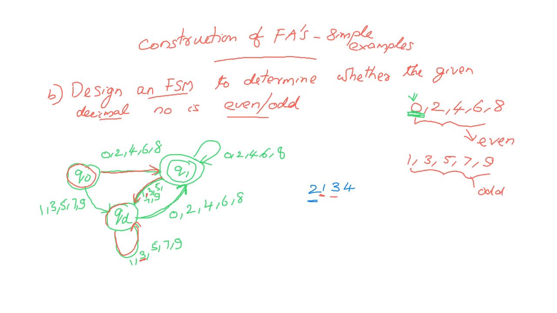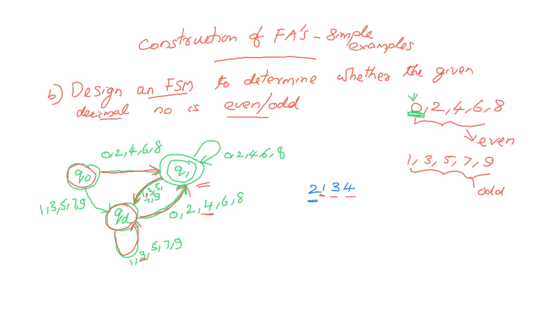So we'll be stuck at QD now, and after that we'll see a 4. From here, when you see a 4, the transition is to Q1. So we'll be reaching Q1, and that's the end of our string, and now we are at the final state.